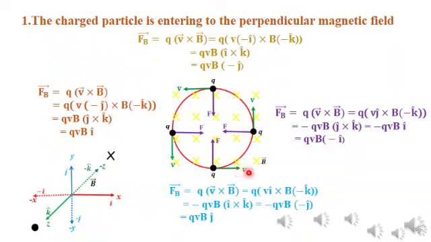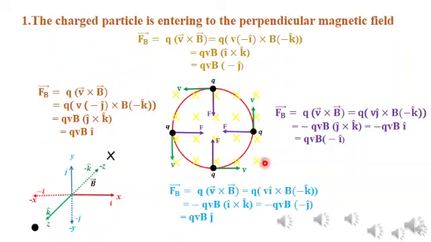Thus, the magnetic force acting on the charged particle is vector Fb equals q into vector v cross vector B. Since velocity acts along the positive x direction, vector v can be replaced by v i cap.